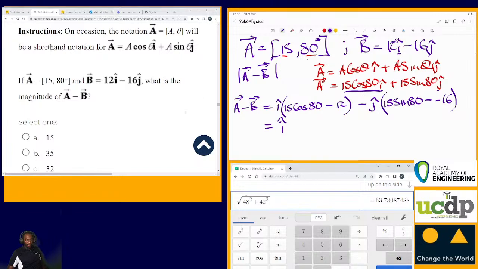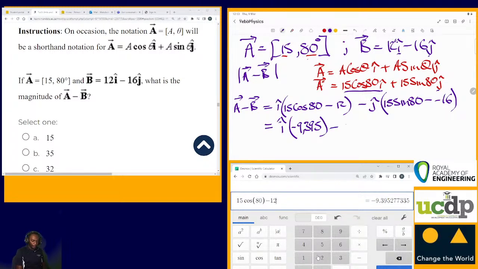We now need our calculator. Cos 80, put a bracket there. 15 cos 80, that's minus 12, right? We get 9.395.